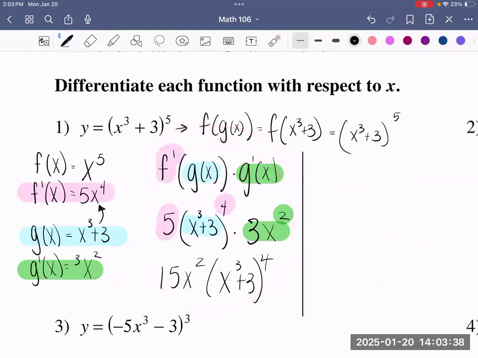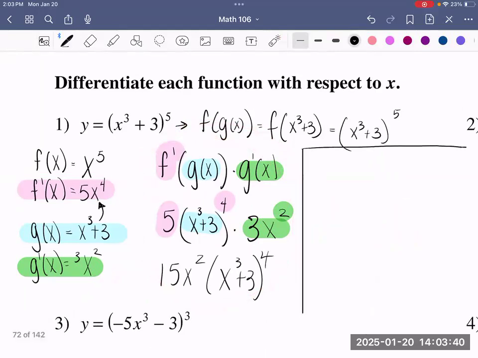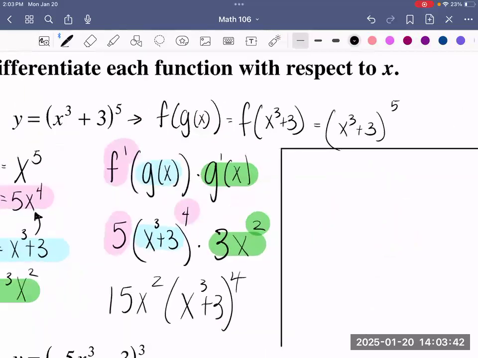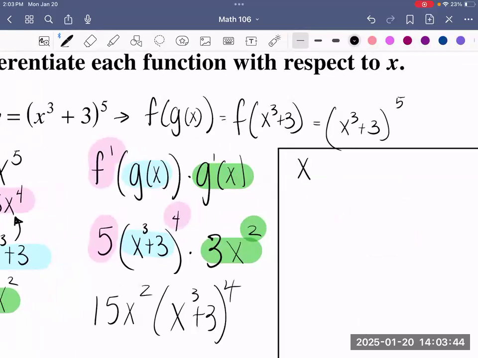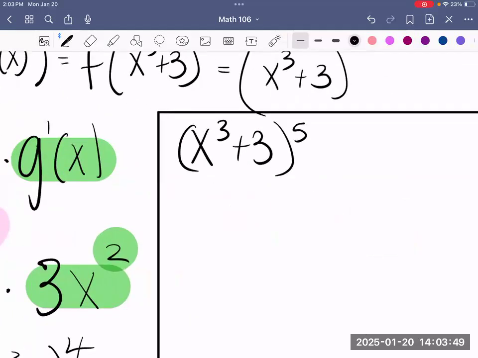What I like to do is do it all together in one fell swoop. So if I have x cubed plus 3 all to the fifth, I think of it as a treasure chest. Our treasure, our goal, is to derive x. But before doing so, I have to take care of your power rule.